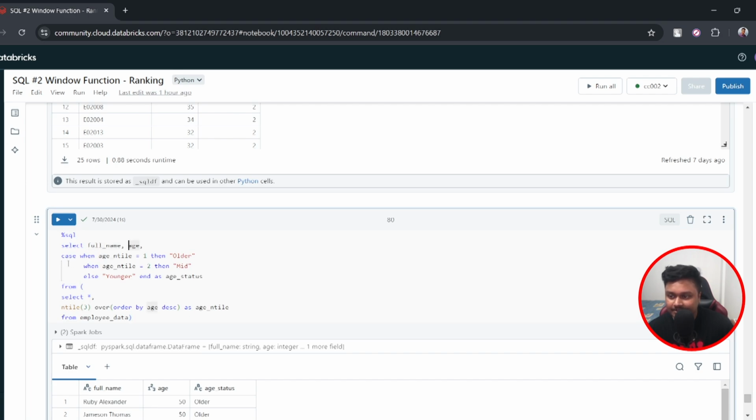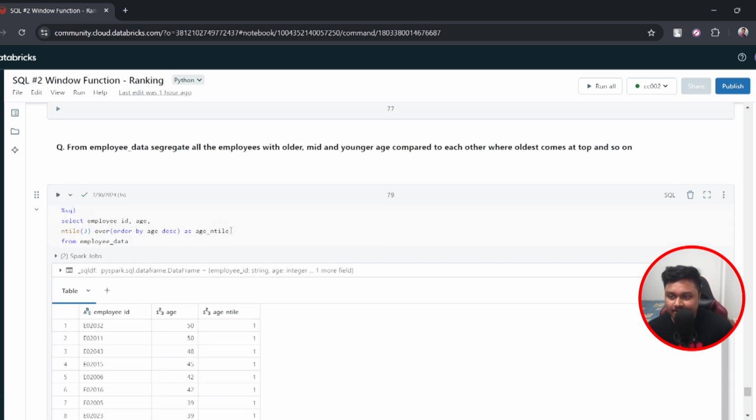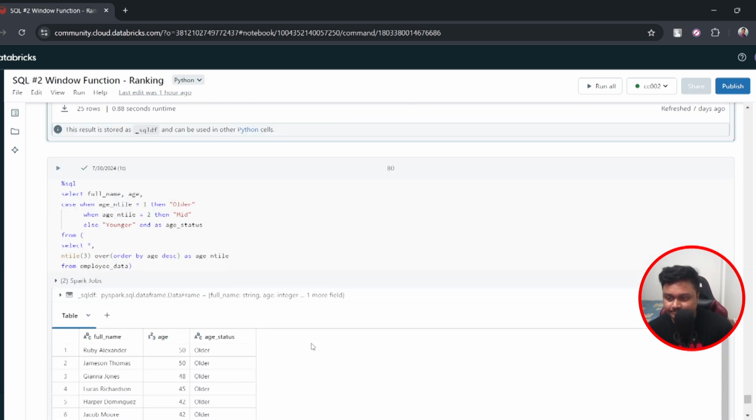Select full name, age. Then I've used a case statement. If age Ntile equal to 1, then call it older. If age Ntile equal to 2, then call it mid. Else it is younger. And I'm calling the column which will store these 3 values as age status. So finally, what I'm doing is I have this inner query from where I'm getting the age Ntile value, and age Ntile is the same thing which we did here.